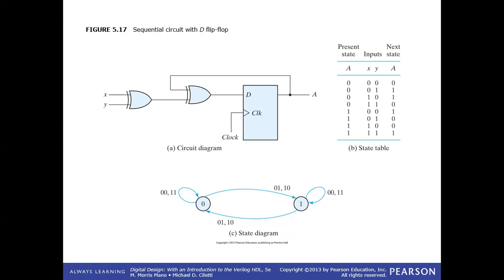So this is clear to everyone. Okay. So in this case, we are dealing with a D flip-flop and a sequential circuit has been made with the help of a D flip-flop.